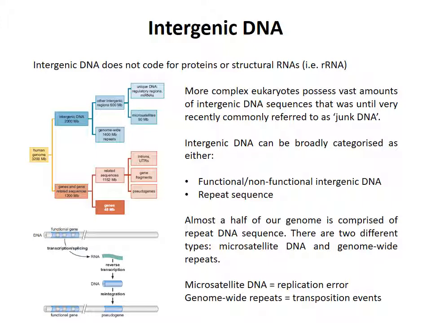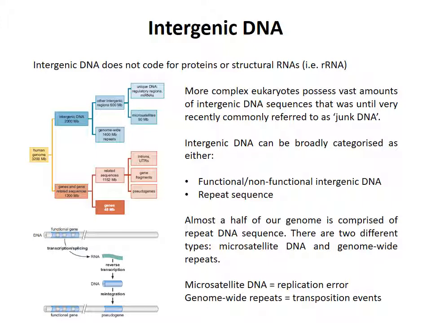The other type of repeat are known as genome-wide repeats, and these represent transposition events. We're going to be talking about transposons and transposition events in more detail later on in the module, when we talk about homologous recombination and transposons. But essentially these are ancient repeat sequences of DNA which, over evolution, have managed to expand and take over, like weeds really, a lot of our genomic real estate.